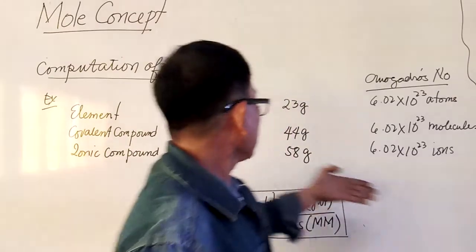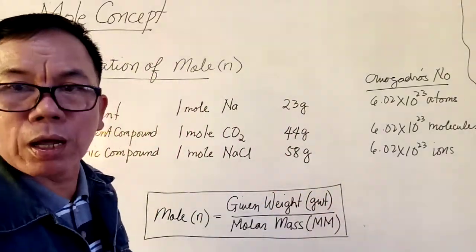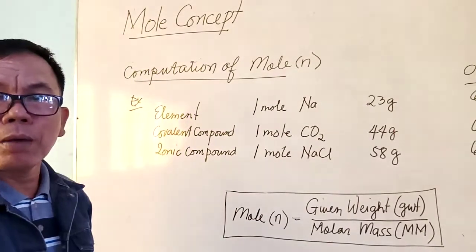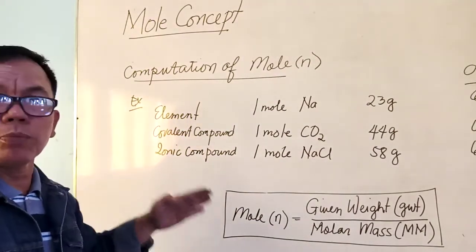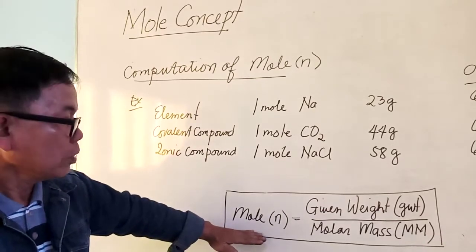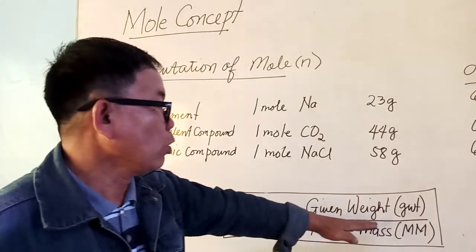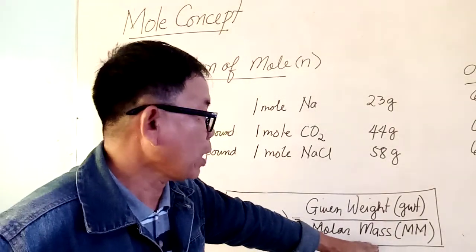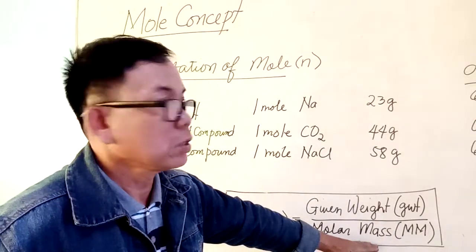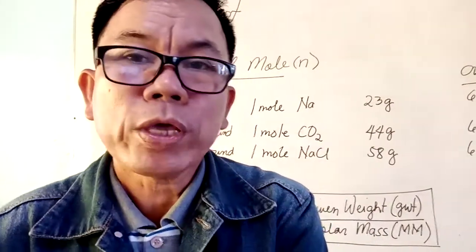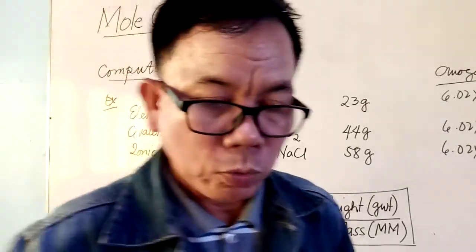With this comparison, with this table, we are able to make up a method of computing the number of mole. Using the formula, mole n is equal to the given weight of the substance divided by the molecular mass of that substance.